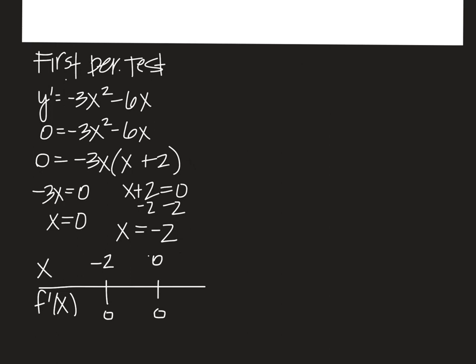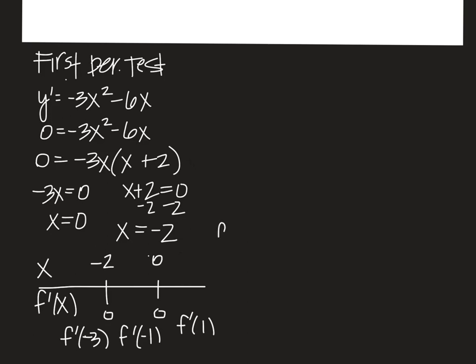I'm just going to use as friendly numbers as possible. Let's see, I might do f prime of negative 3, f prime of negative 1, and then f prime of 1. And I'll find out if those values are positive or negative, which will enable me to complete my chart.